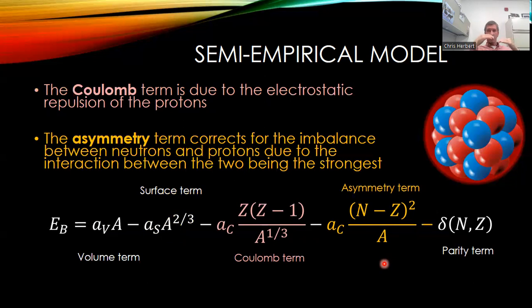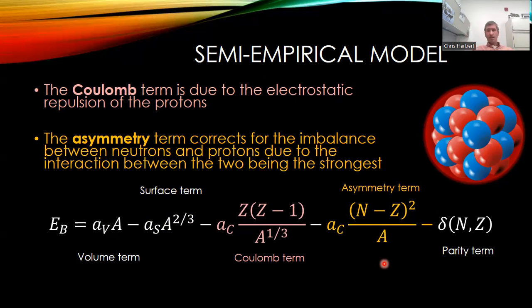unbalanced number of protons or neutrons. That is going to be reflected in a slight decrease in the energy, because this really relies almost on quantum mechanics. The way we're looking at this is the more neutrons I have, the higher the energy levels that I'm filling in the nucleus.